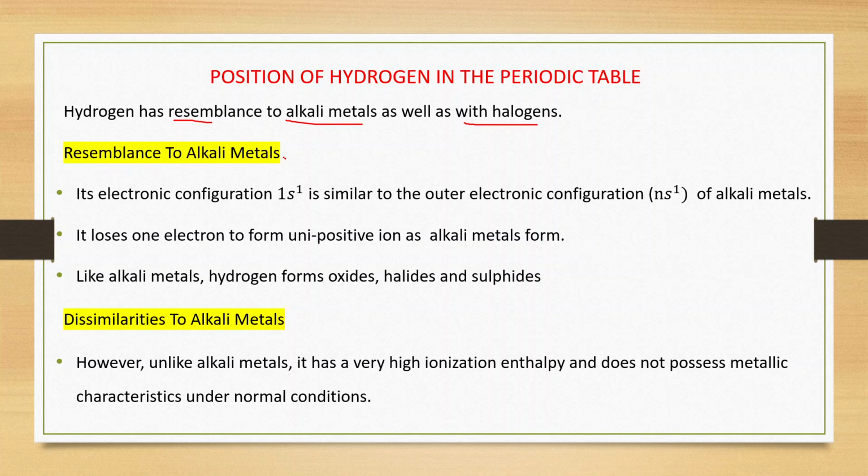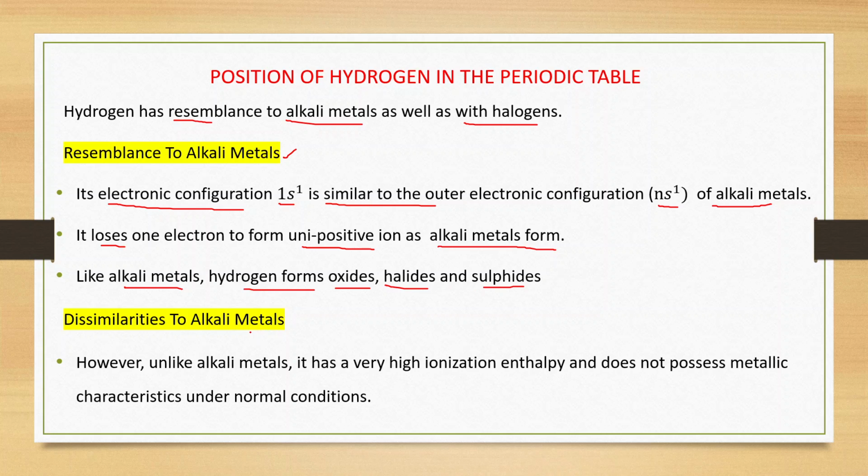Resemblance to alkali metals. Its electronic configuration is 1s1, which is similar to the outer electronic configuration ns1 of alkali metals. It loses one electron to form a unipositive ion, as alkali metals do. Like alkali metals, hydrogen forms oxides, halides and sulfides.